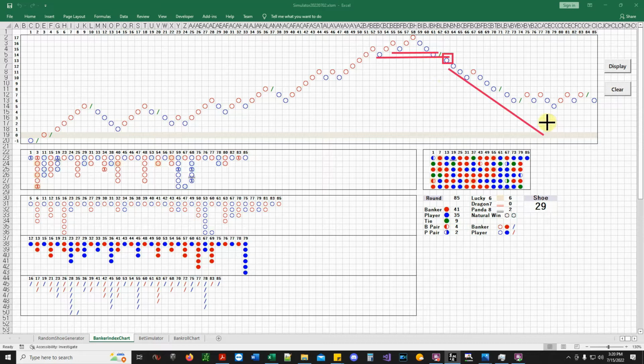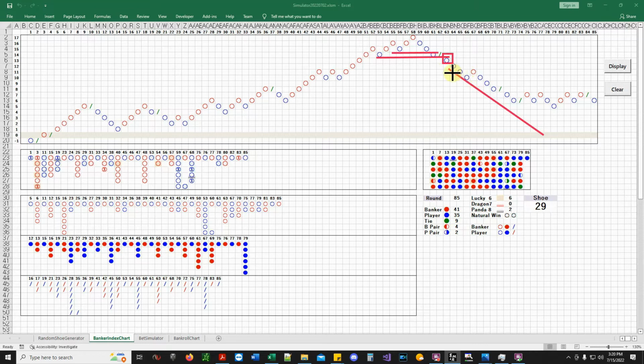When to start betting player? When that player busts that square right there at hand 63, when that player came down through that support and busted that support area, from that point on, you're betting player.